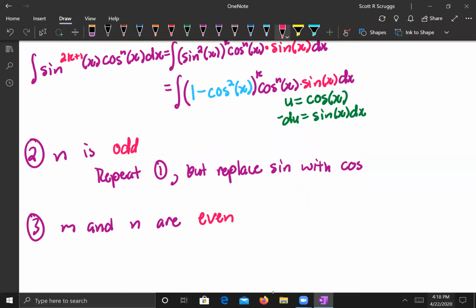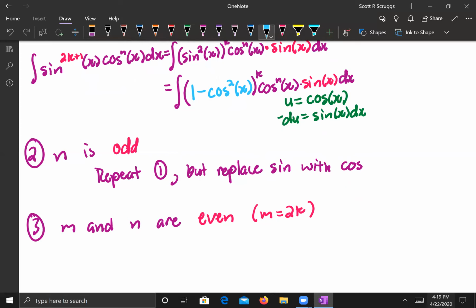And that is if both the powers with cosine and sine are even numbers, or I can rewrite an integer as 2 times another integer. I can't do the nice trick that I've done in methods 1 or 2 in this case, because we'll mess up our u sub scenario.